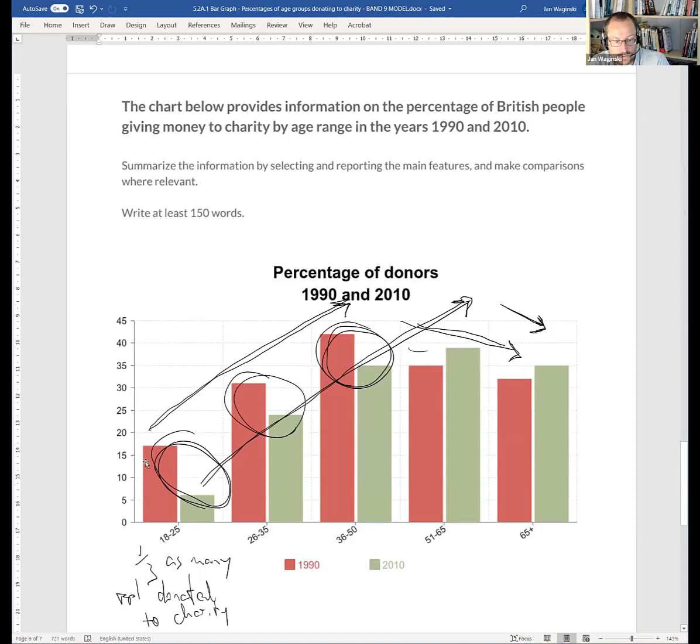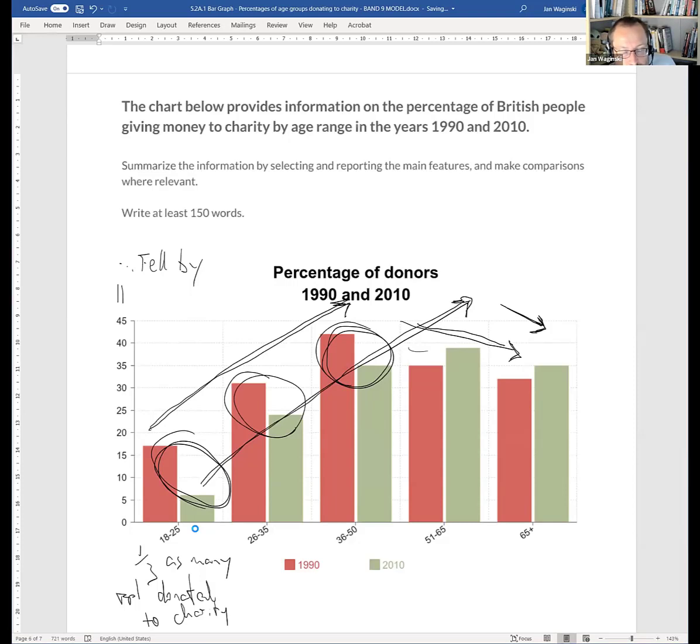Just to be crystal clear, if you say 18 to 25-year-olds, the rate of donating money fell by, let's say, 6 to 17, so it'll be 11.